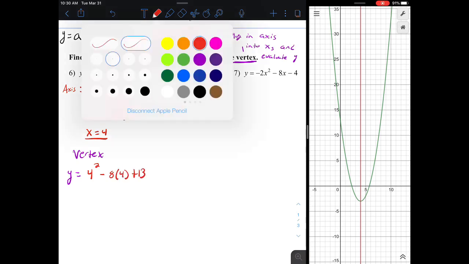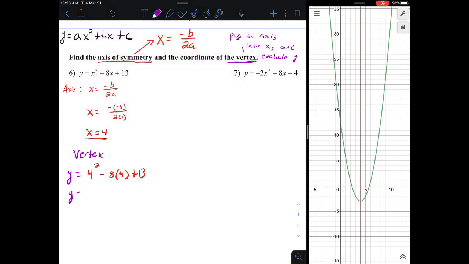And I evaluate that side, and it's going to give me the y value of this vertex. And we get a y value to be negative 3. And so our vertex has the coordinates 4, negative 3. So that should be where the bending point is for this parabola.